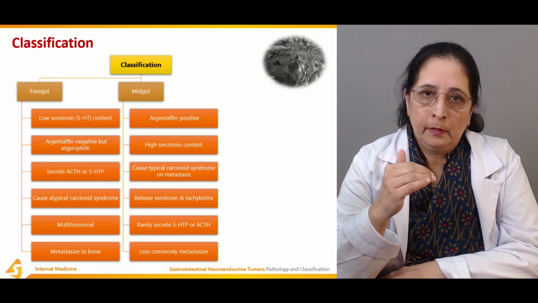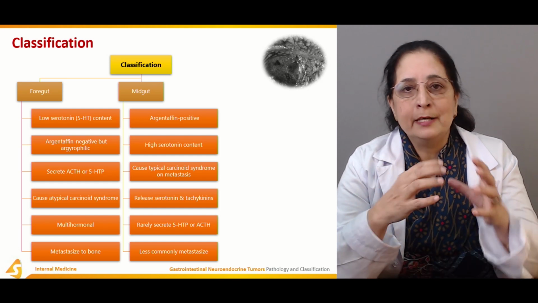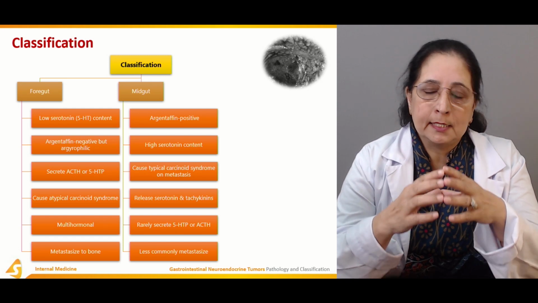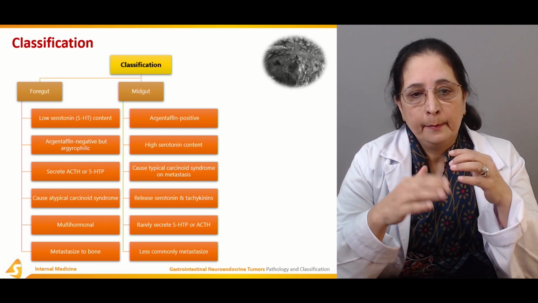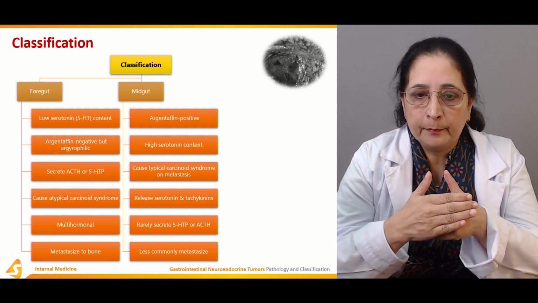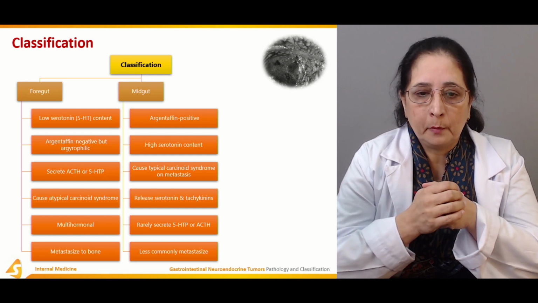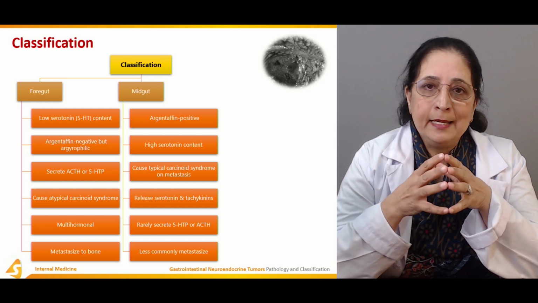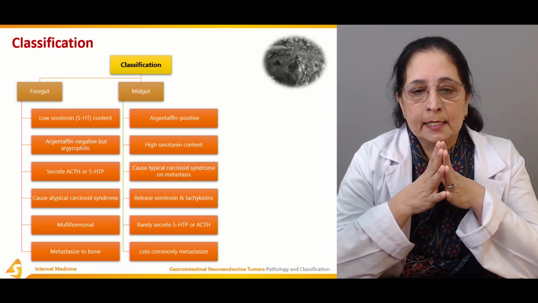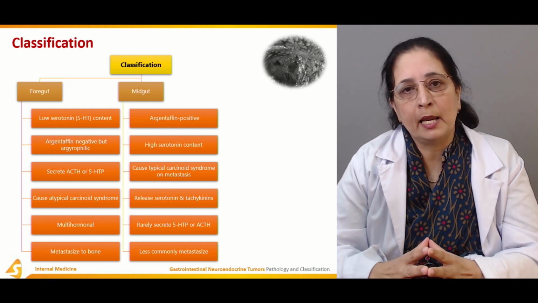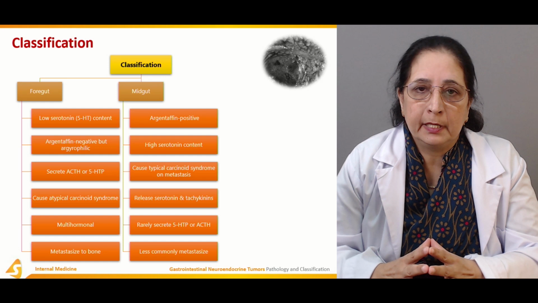There are very important differences between involvement of the foregut and the midgut. The midgut is argentaffin positive, less commonly metastasizes, releases serotonin and tachykinins, and rarely secretes 5-hydroxytryptamine or ACTH.